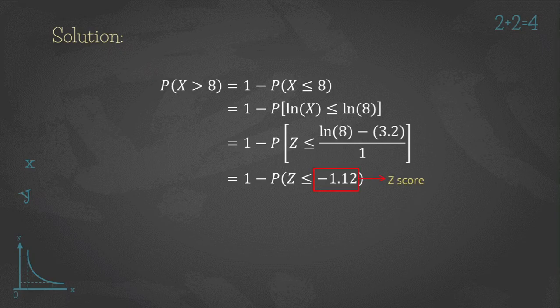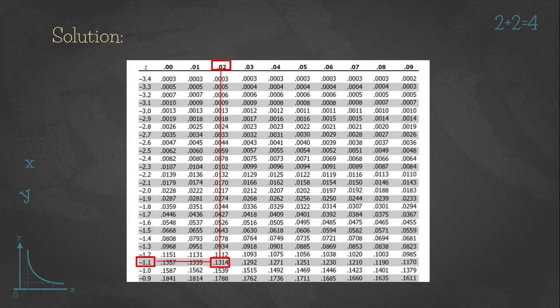So, ito again is hahanapin natin sa ating z-score o dun sa table. So, ito yung table. So, ang whole number is negative 1 and yung first decimal is 0.1. So, hanapin siya. Nandito siya, negative 1.1. And since negative 1.12 yung nakuha natin, yung second decimal niya is 0.02. So, sugsugin natin ulit dito, tapos ito. So, siya ay 0.1314.